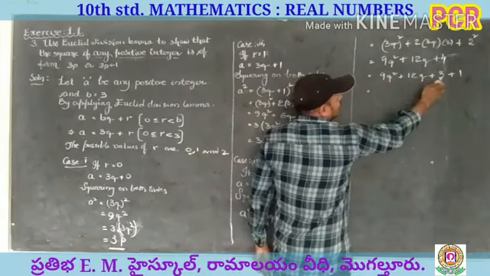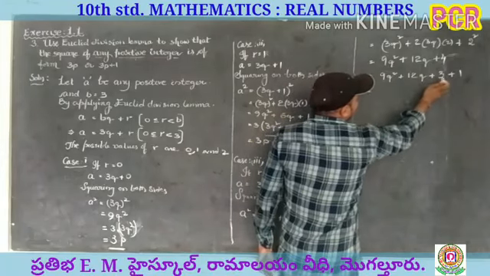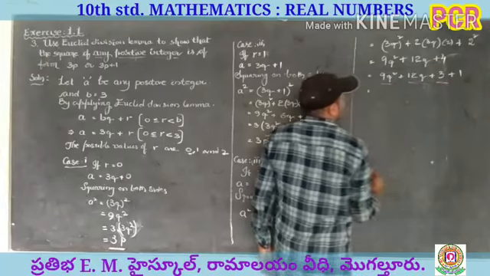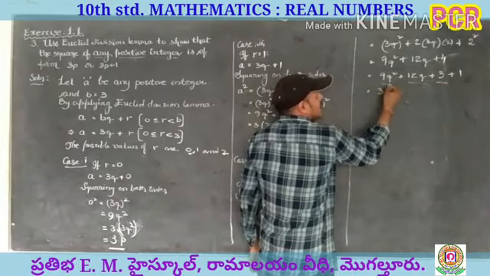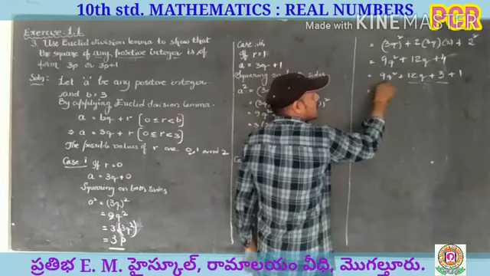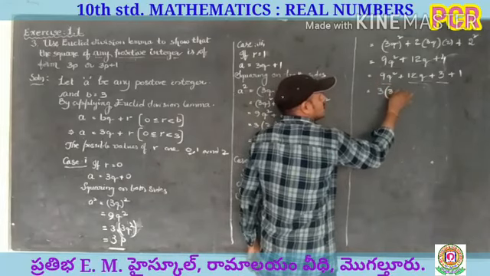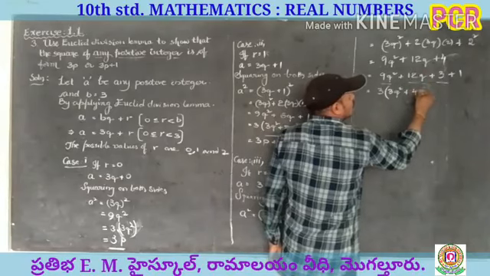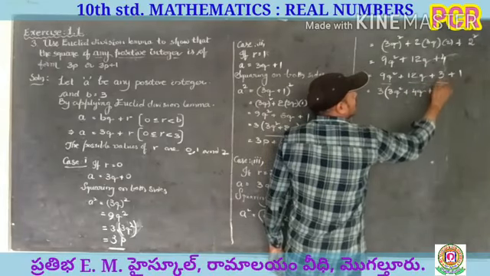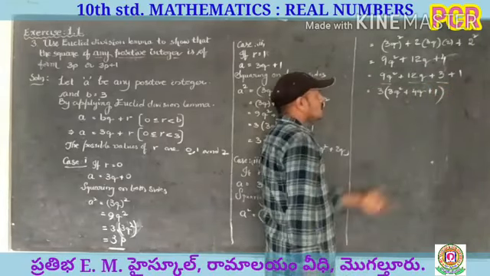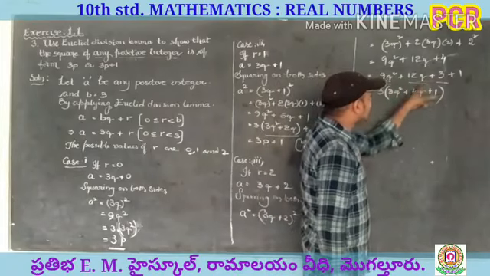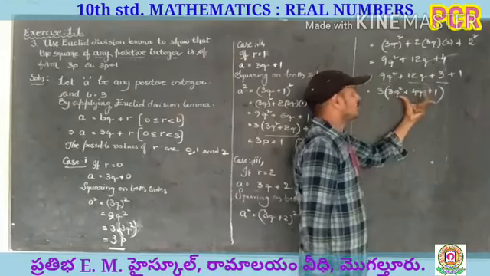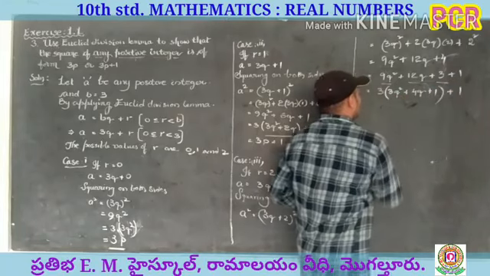So we can take 3 as a common factor. In 9, 3 times, 3 into 3q square. Here how many times? 4 times, 4q, plus here 1 time. So I can write these 3 terms as a multiple of 3, 3 into something plus 1.